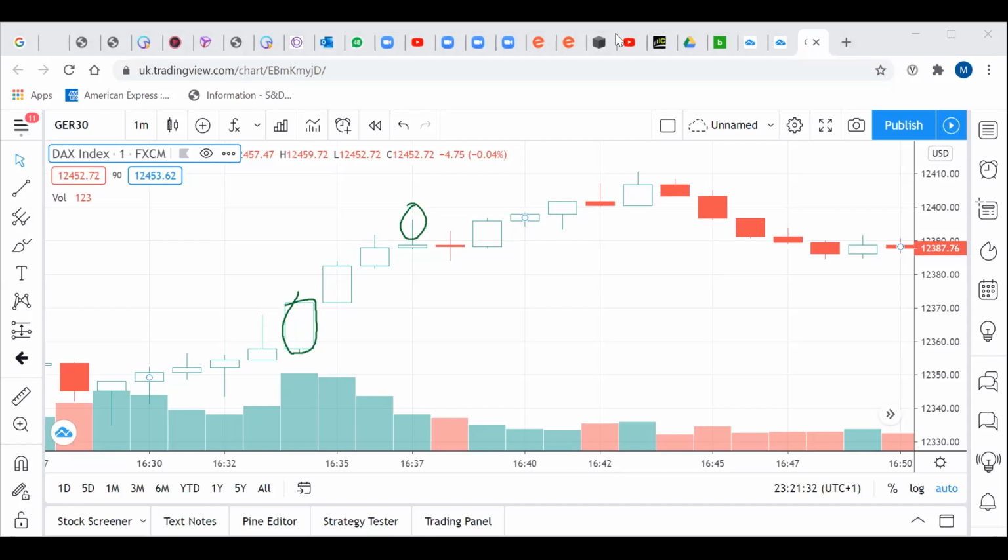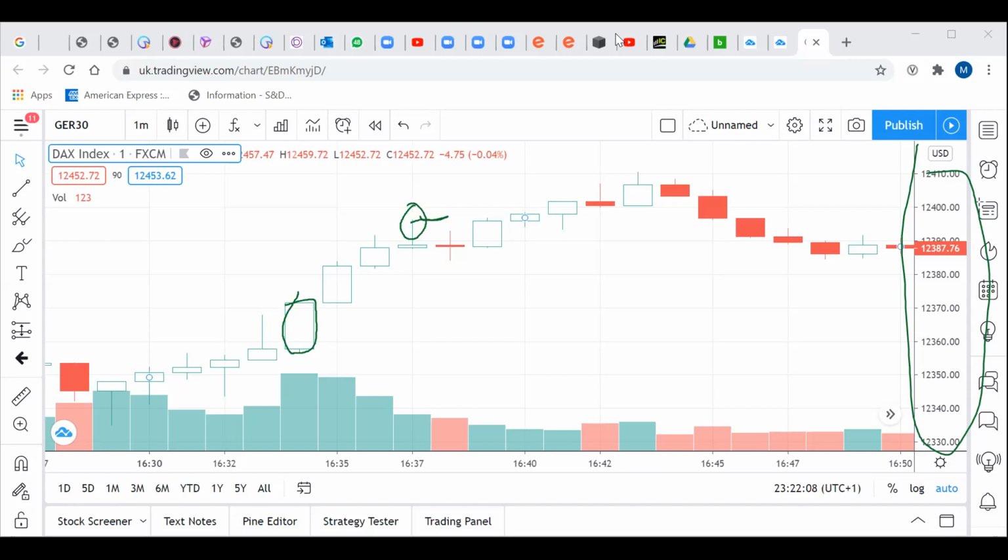Now, the body of the candle indicates where price has spent most of its time. So here is the price of this chart, and the larger the body, it depicts which area or zone the price stayed in within this time frame, and we're looking at a 1 minute time frame. Now, when you have a wick, it means that price did visit this area, however, it struggled to stay there and therefore created a wick.